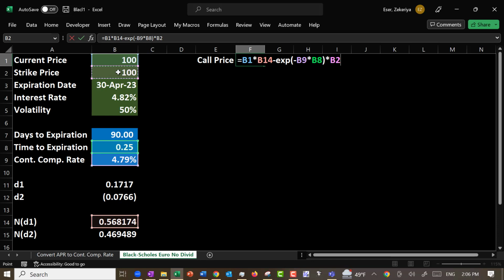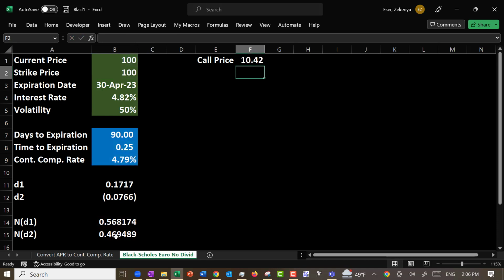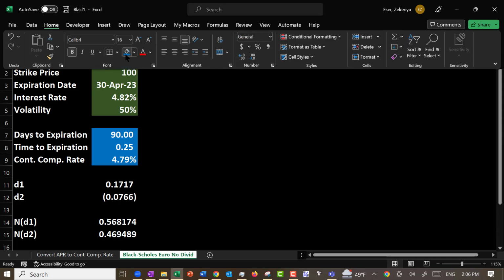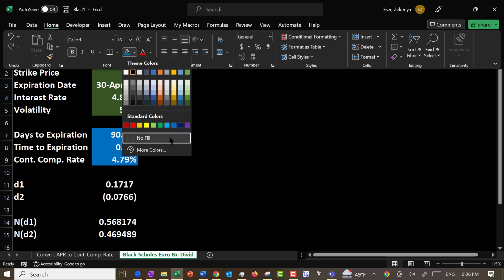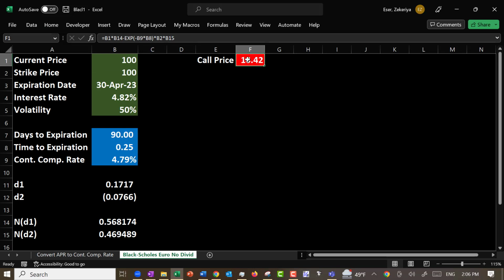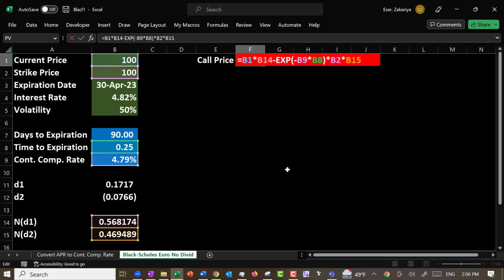You can think of that as the present value of the strike price, times N of D2. If you want the formula.